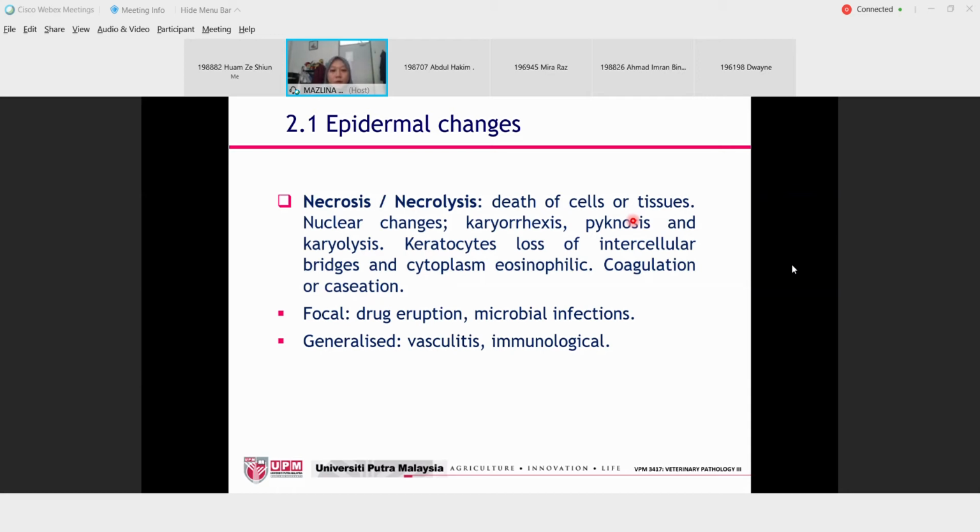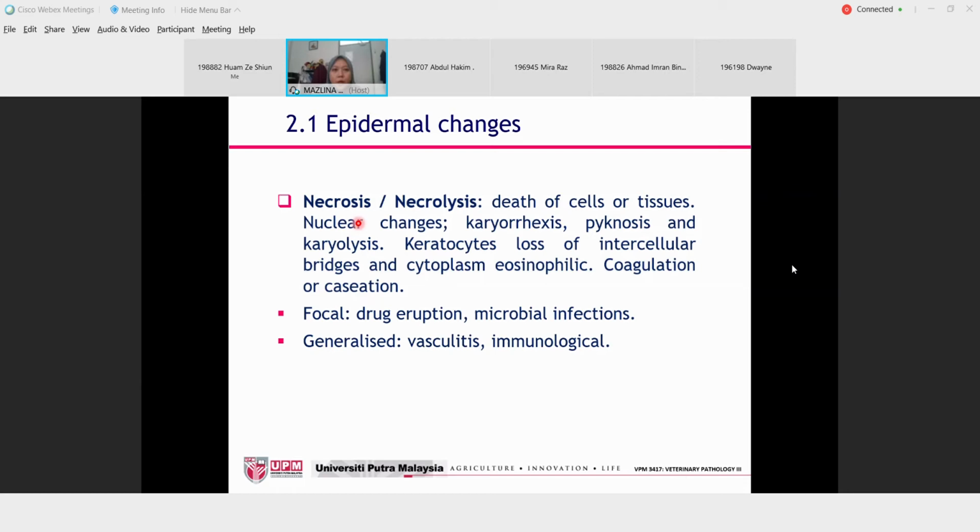So that's the difference between these two. And then this is a normal finding in cases of drug eruption where you see a focal type of distribution, also in microbial infection. Generalized necrosis or necrolysis are often described in cases where there is vasculitis or maybe due to immunological disorder. Okay, right.